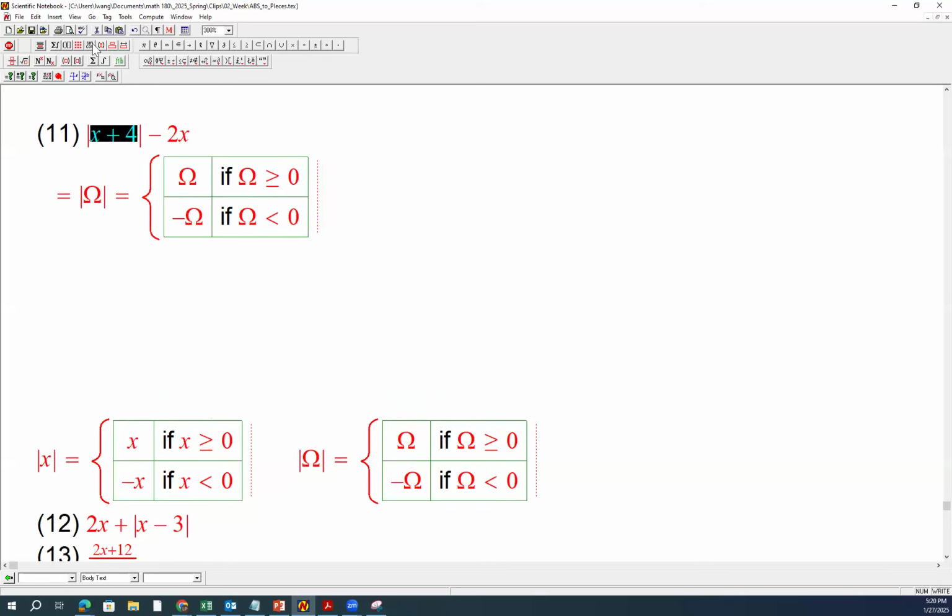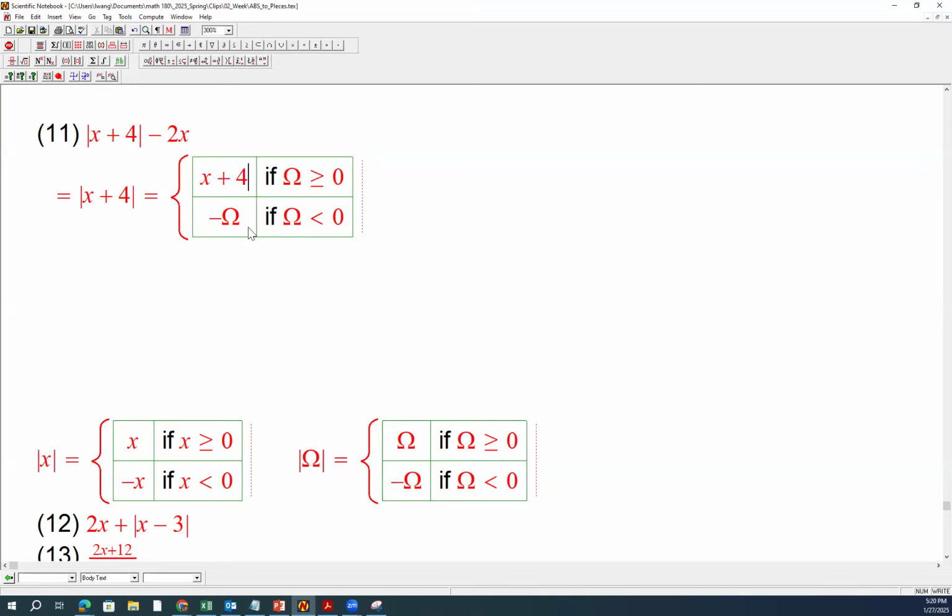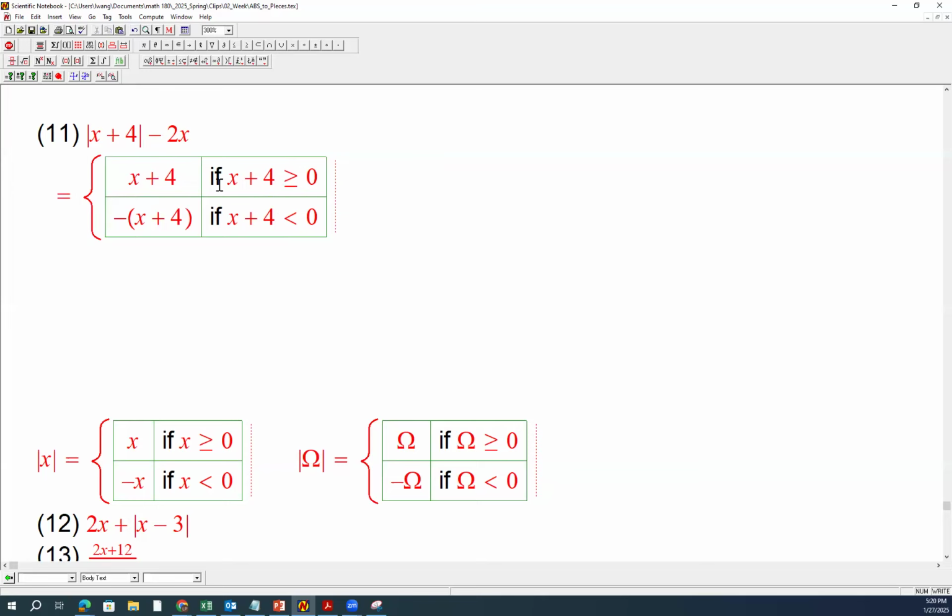X plus 4 is our omega. So x plus 4, negative x plus 4. We basically derive it all over, and we don't need this twice. So if x is greater than or equal to negative 4, and x is less than negative 4.